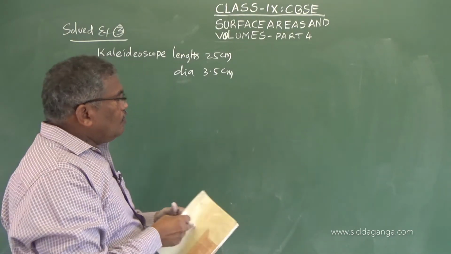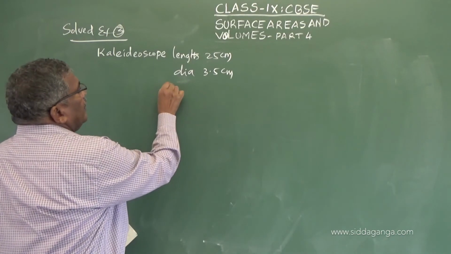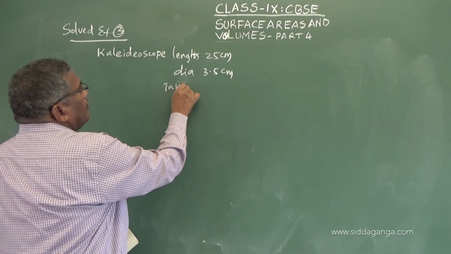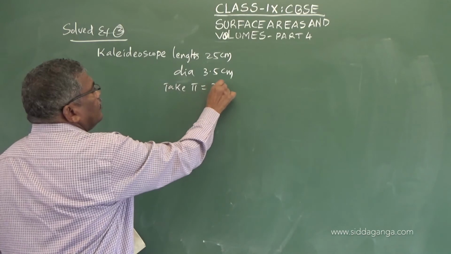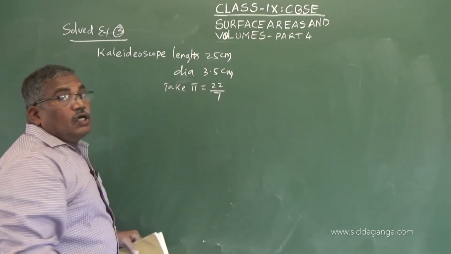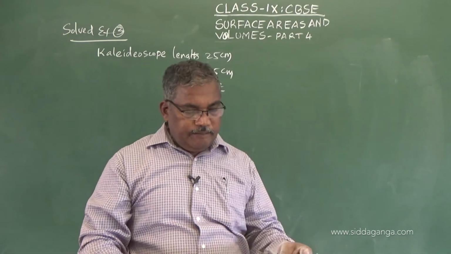You may take pi equals 22 by 7, constant. It is also given.